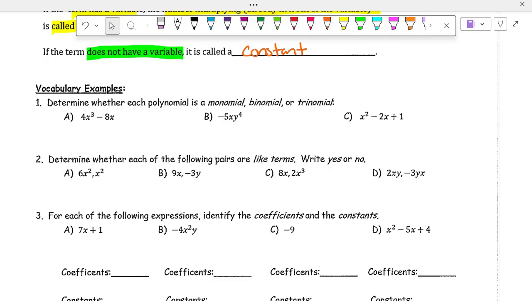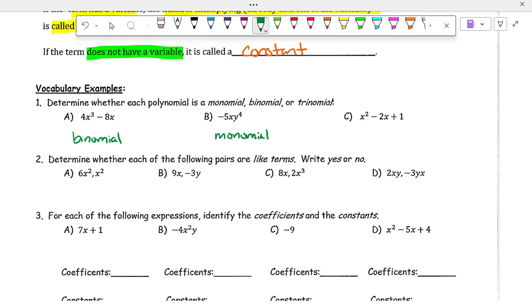Good. It is a binomial. There are two terms. All right. For B, 1, 2, 3, go. Good. It's a monomial. There's only one term. Then for C, 1, 2, 3, go.